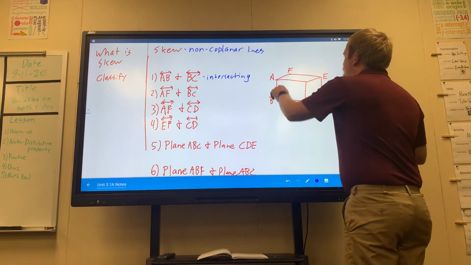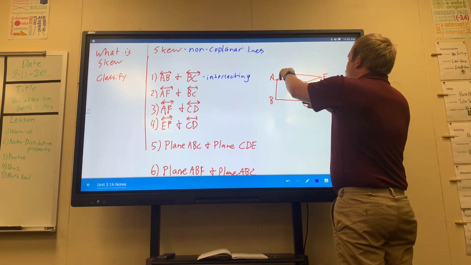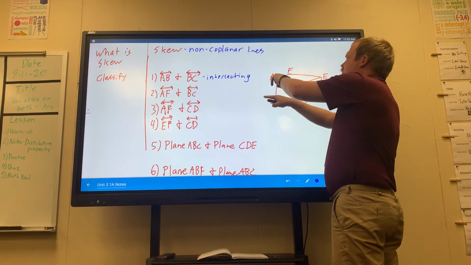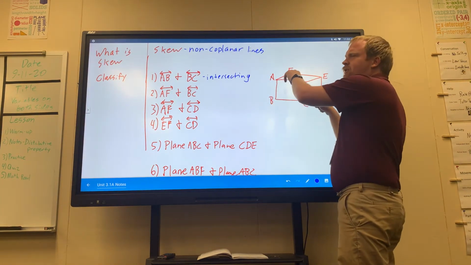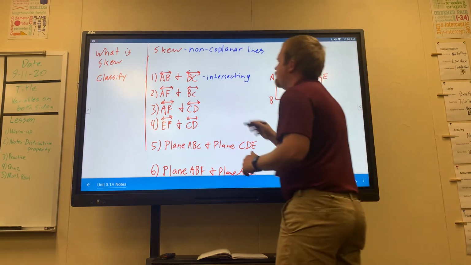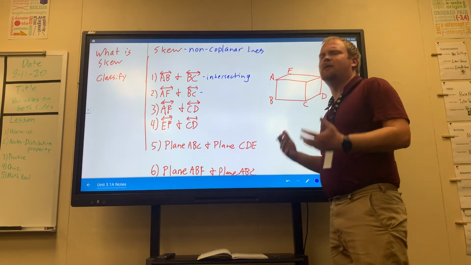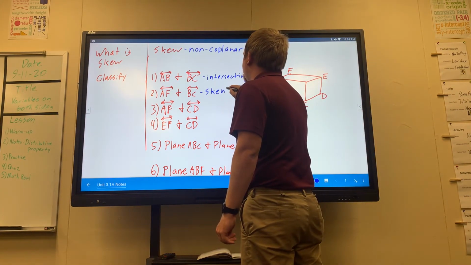Now, if I'm looking at AF and BC, even if I keep on going, technically, they're not going to intersect, but they're not necessarily parallel. As a matter of fact, they're not even on the same plane. So these are skew lines.